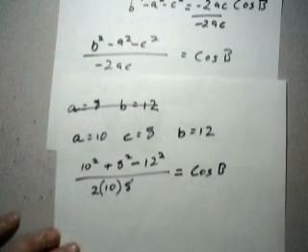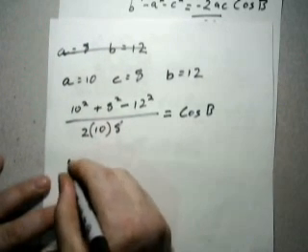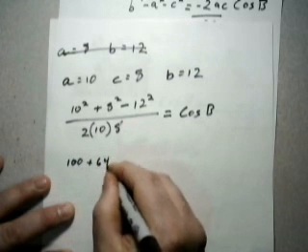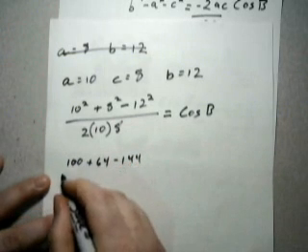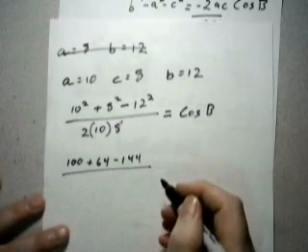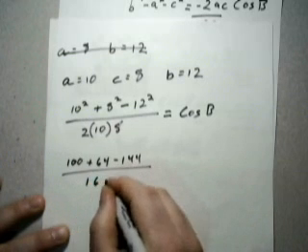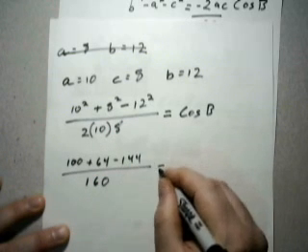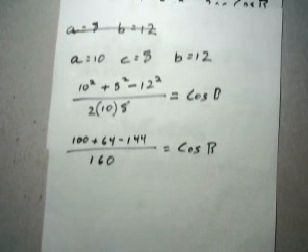All right, so now let's go ahead and solve these numbers. So 100 plus 64 minus 144 over 2 times 10 times 8, that's 160. Yep, 160 equals the cosine of B. So let's see here.